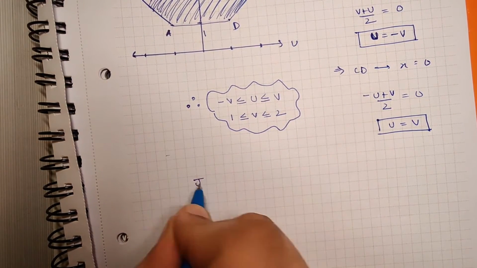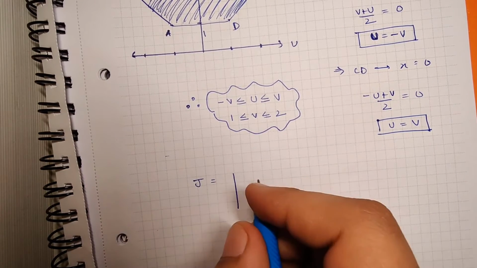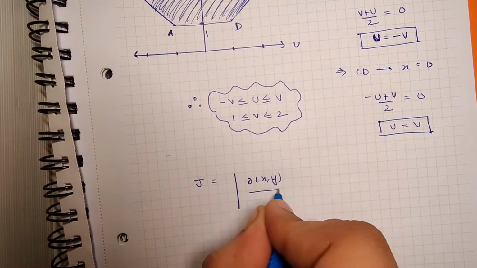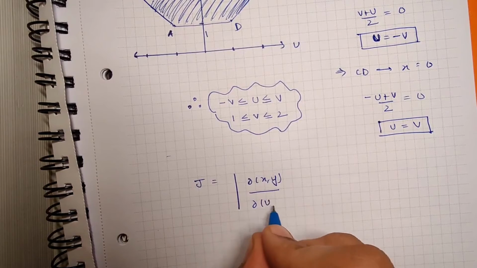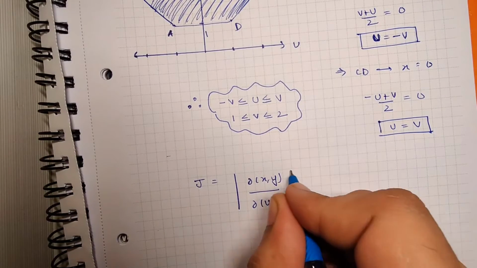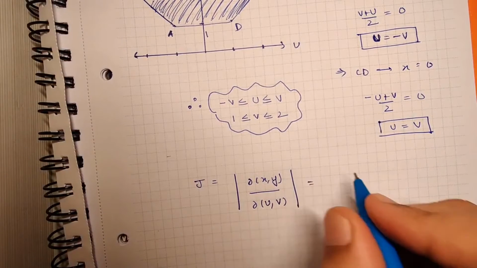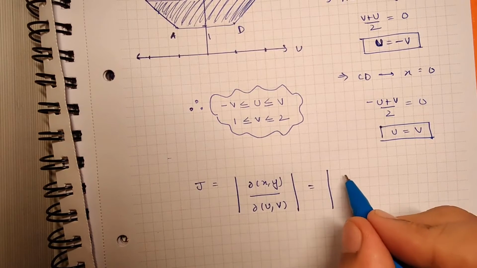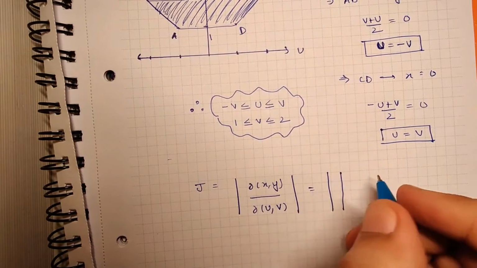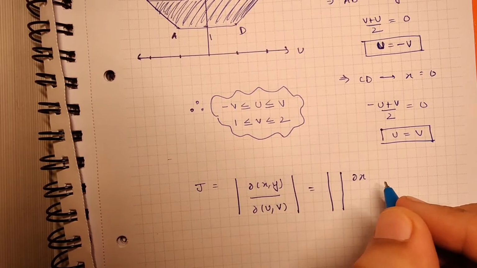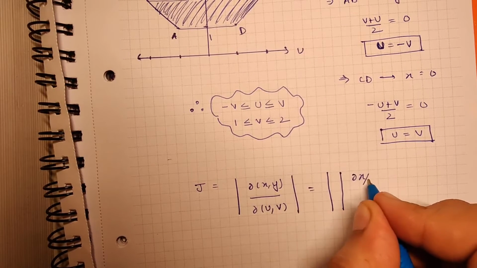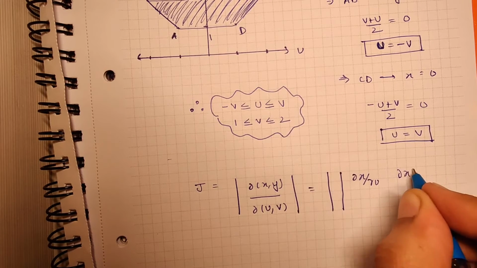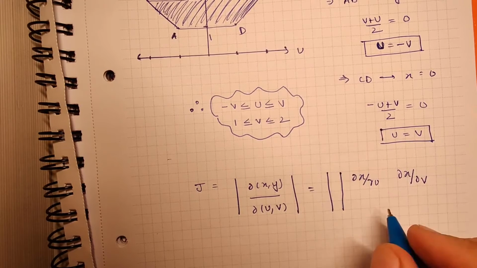It is the modulus of ∂(x,y)/∂(u,v), which is basically the modulus of the determinant of the partial derivatives of x and y with respect to u and v.